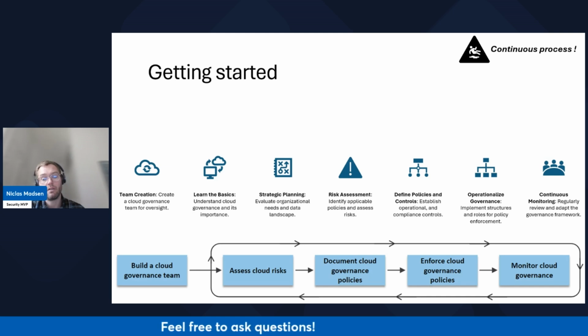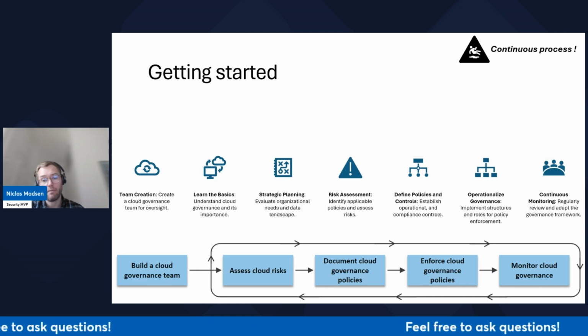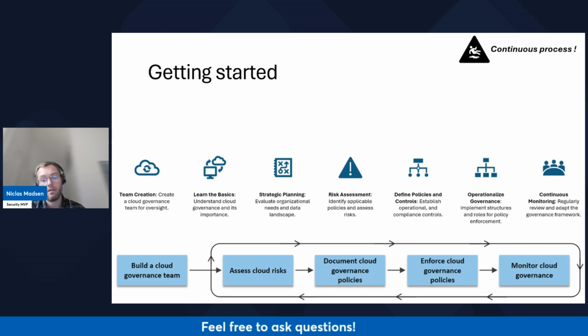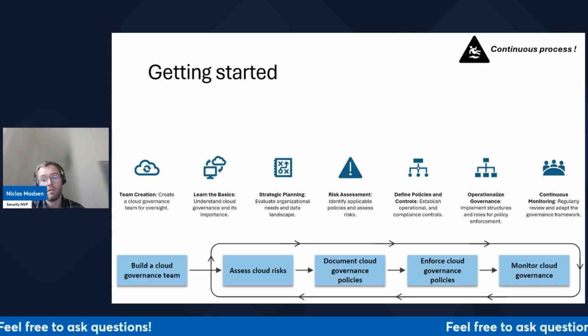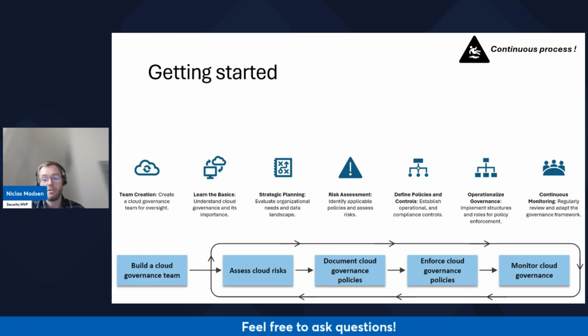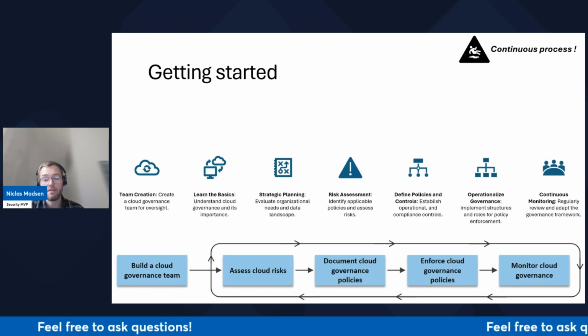So you need to have very clearly defined roles, and you can use a RACI matrix for that, for example. But the most important is that it is in a structured manner. Then you have continuous monitoring. And that is, as it sounds, really just that you need to continuously monitor and measure your whole cloud estate.